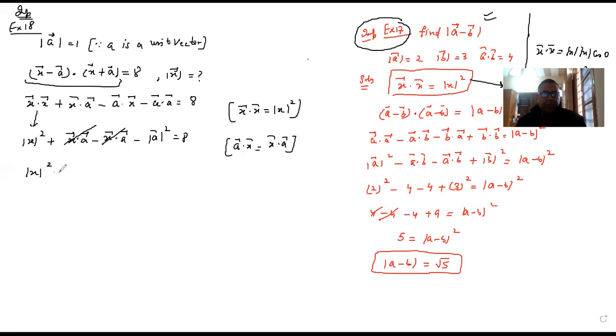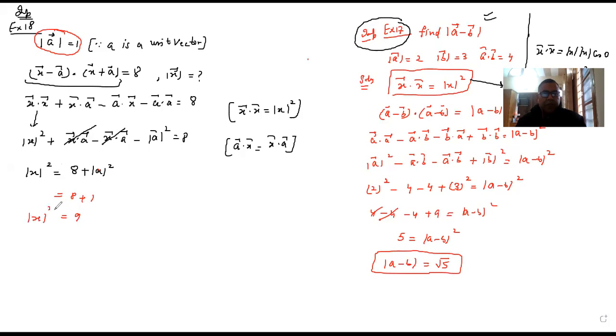Mod of x square is equal to 8 plus mod of a square. I have taken a square to the other side. Now it is given that a is a unit vector. If a is a unit vector, magnitude of a is 1. So I'm going to substitute here. This is 8 plus 1, which is equal to 9.